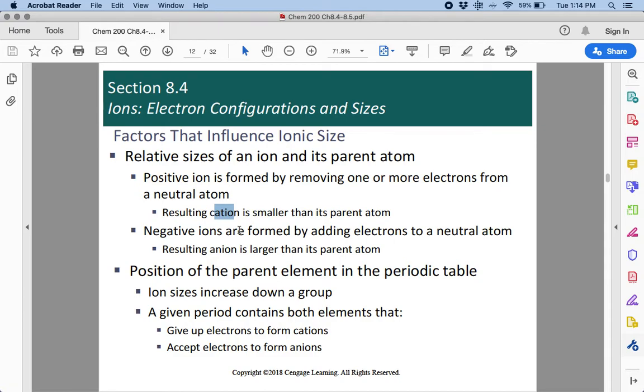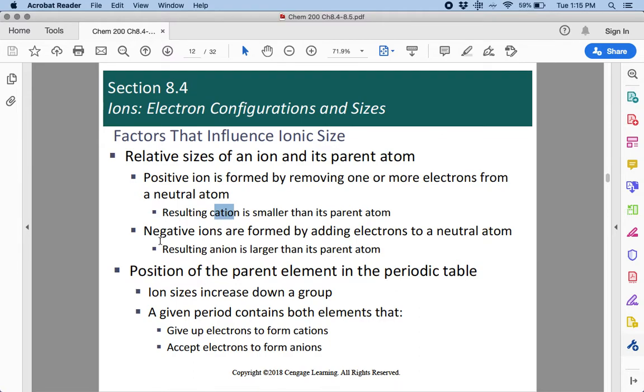Because when we lose those valence shell electrons, we're going back to a noble gas configuration that came before it. So if you're at 4s2, the cation for that would be 3p6. So we got rid of that n equals 4 shell. So it got smaller.